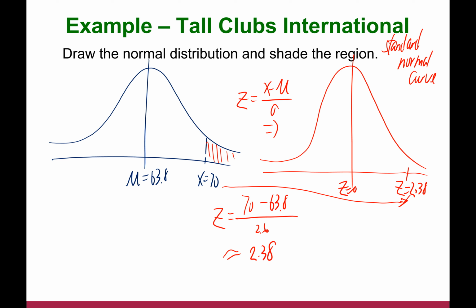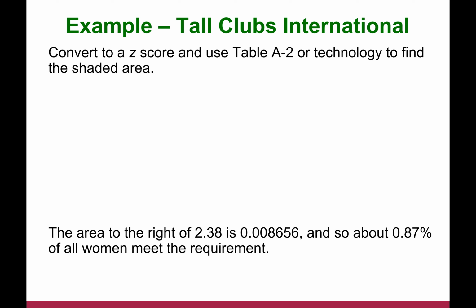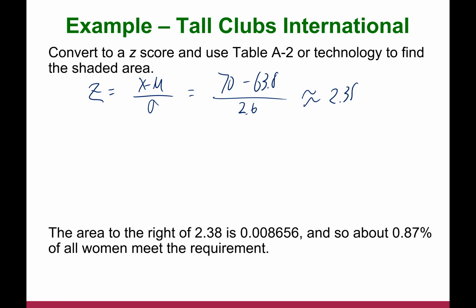That means this height is 2.38 standard deviations above the mean, and from there we'll be able to find the probability associated with this height. Again, converting with the z-score formula, 70 minus 63.8 divided by 2.6 is approximately 2.38.